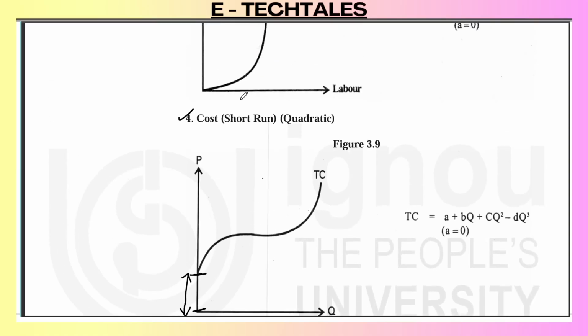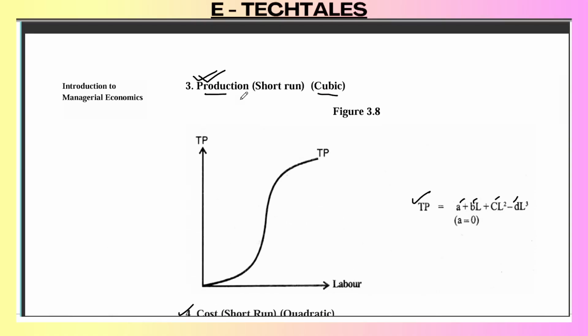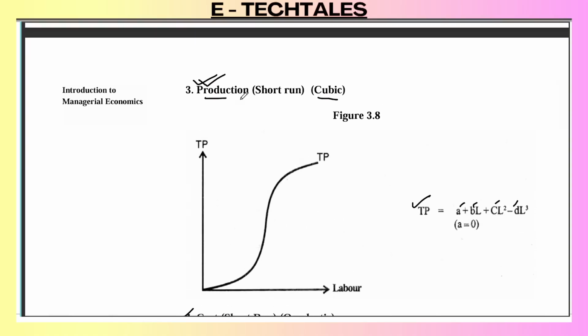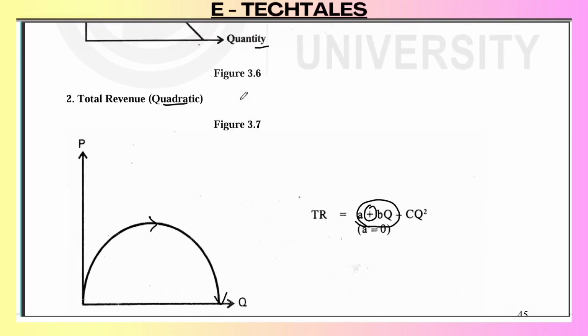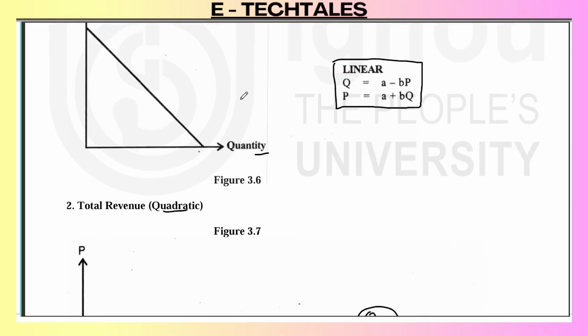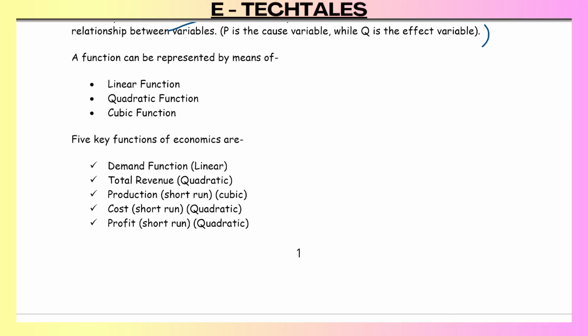For cost, it is short term, so it is quadratic. For production, that is short run, that is cubic. And for total revenue, it is quadratic. For demand and supply, it is linear. Okay, I've actually mentioned that in my material itself. You can see directly from there as well.